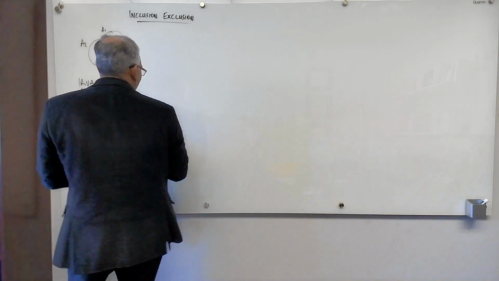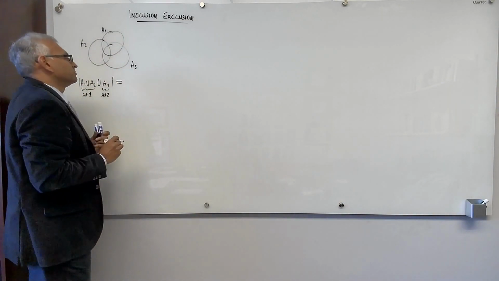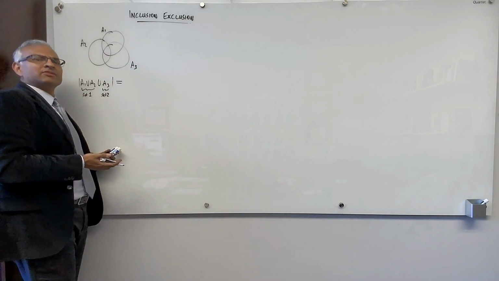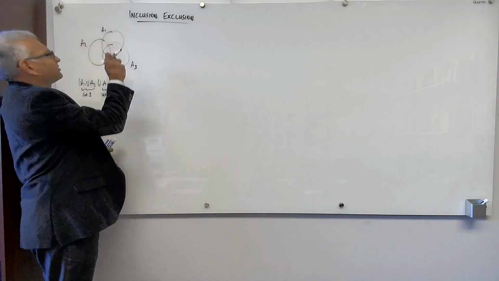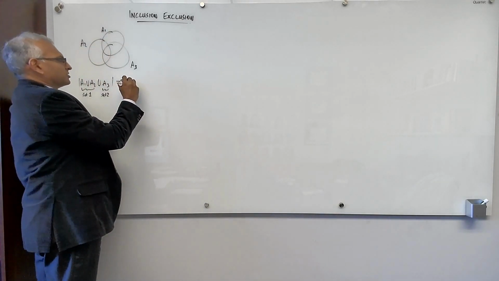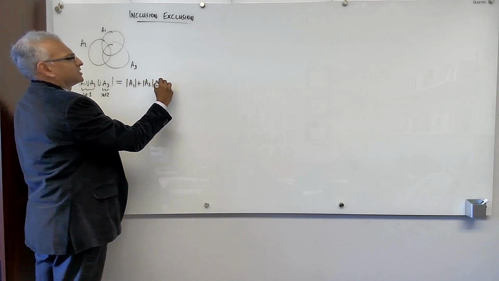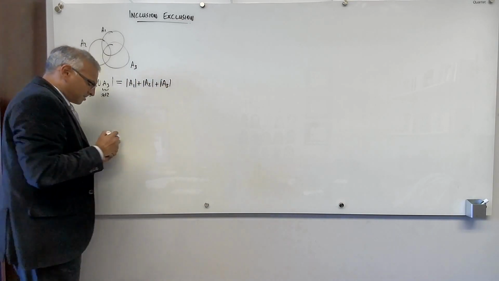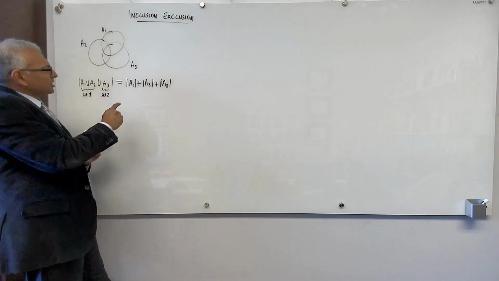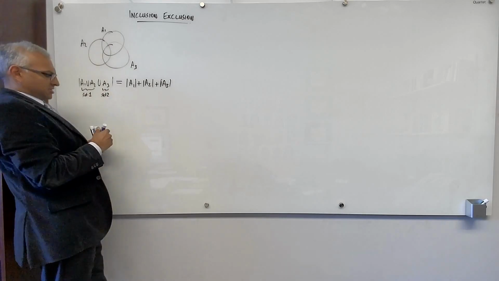So I'm going to give a slightly different derivation. I'll do what I thought I should do in the first place, which is add up the three sizes, which is what I would start off by doing in a naive way. So it's the size of A1 plus the size of A2 plus the size of A3. But now, when I added A1, I added this intersection, for example.